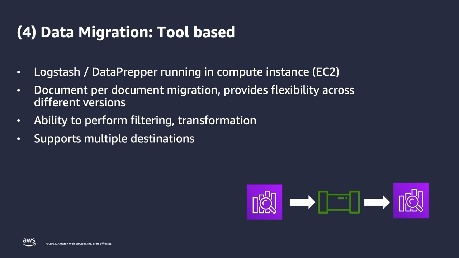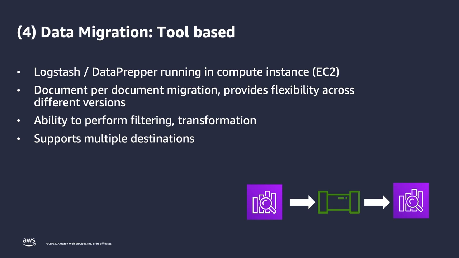Now, both Logstash and Data Prepper are similar tools in terms of the pipelines that they create and the migrations that they run. The difference when making a design decision between Logstash and Data Prepper is that Logstash has been around longer, hence it has more input plugins and supports more targets and sources, but it doesn't have a managed service option within AWS.